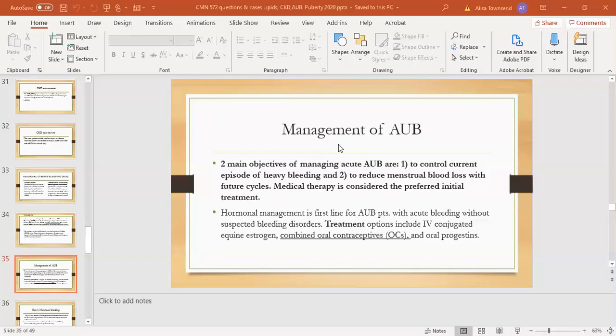I did want to mention to you that you may encounter women with heavy menstrual bleeding, and a little bit of interesting statistics. Up to 13% of women with heavy menstrual bleeding have some variant of von Willebrand's disease, and up to 20% of women may have an underlying coagulation disorder.